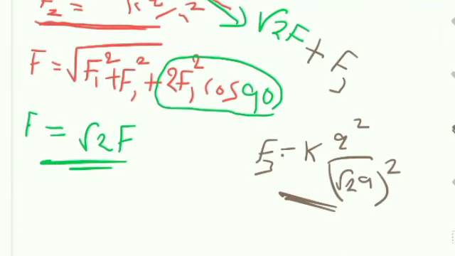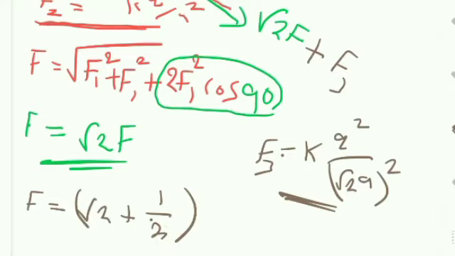Totally, in both cases, F is equal to (root 2 plus 1 by 2) into K into Q square by R square.